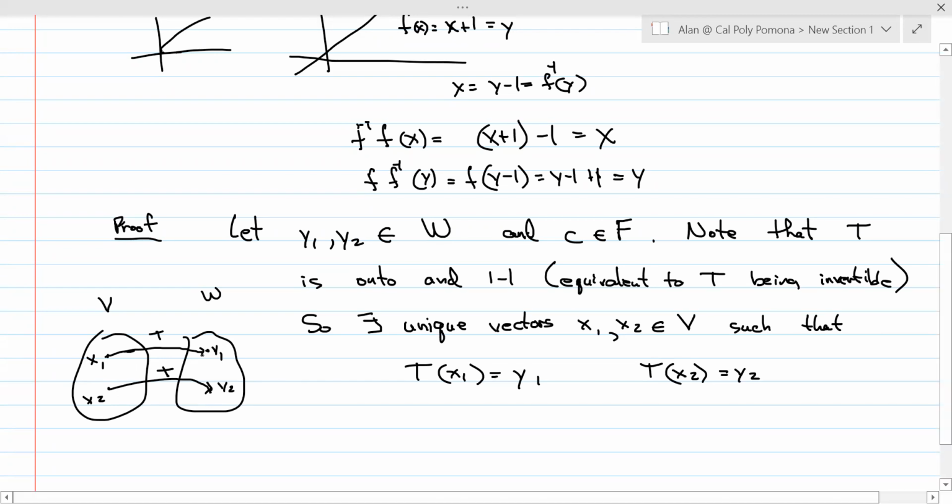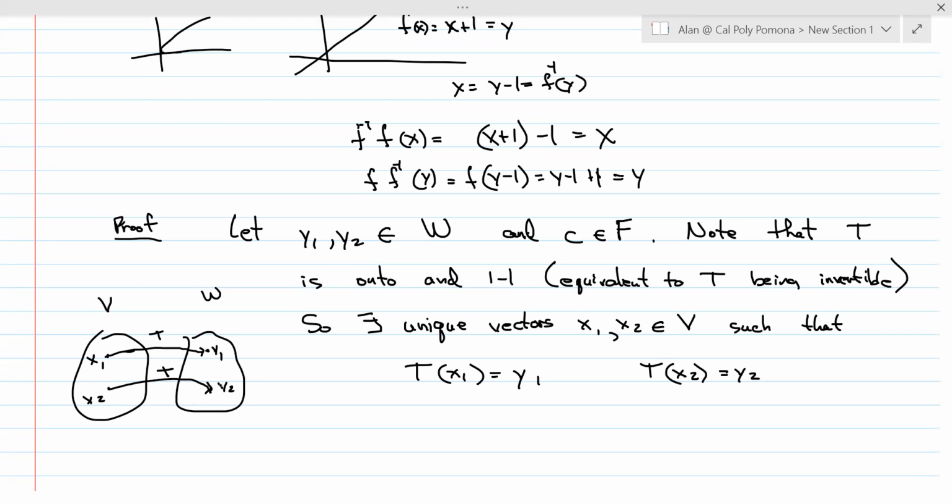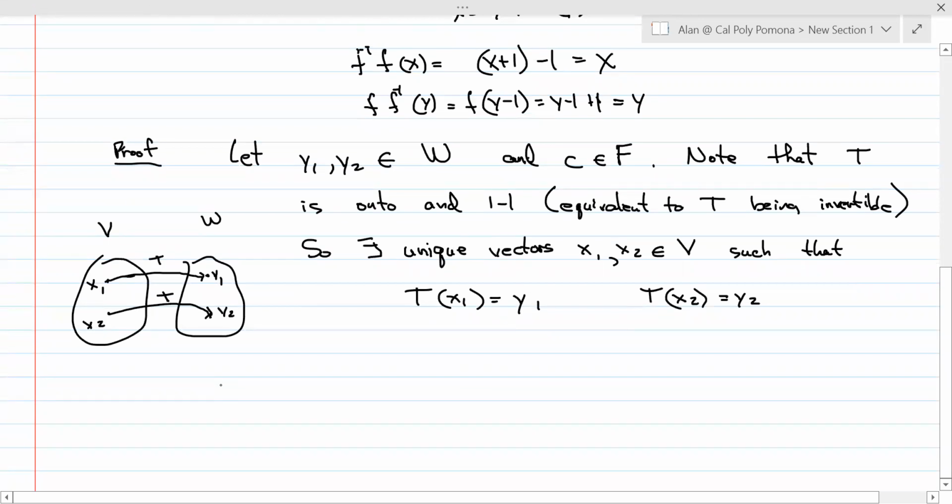So we're saying that for any y1 and y2 in W, there exist unique vectors x1 and x2 that have this correspondence. And unique means there's not another one back here that goes to there, and there's not another vector over here that goes to this. Okay. So that's the setup. Now, since the inverse exists, and it goes the other way, what must be the association?